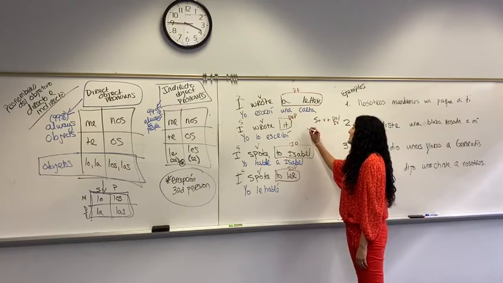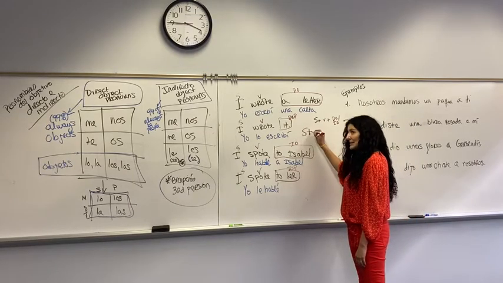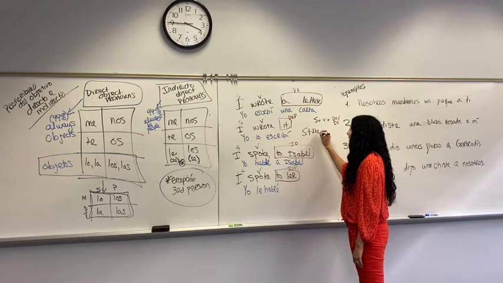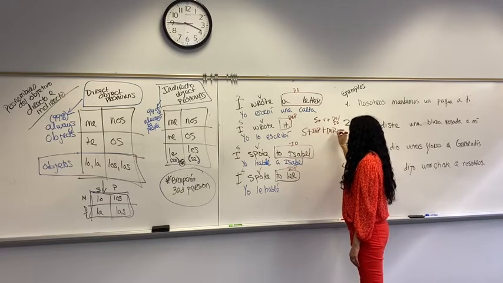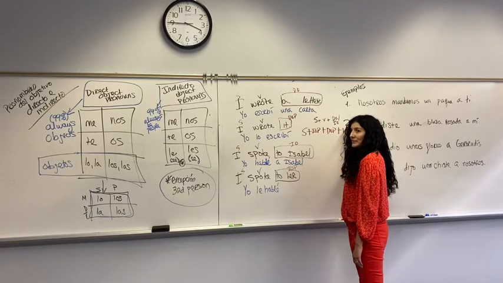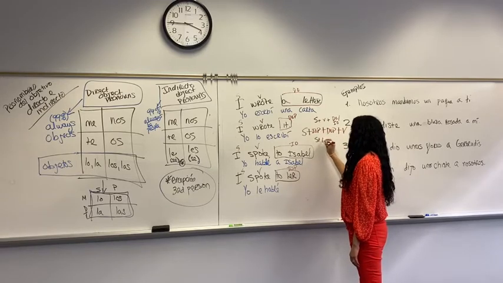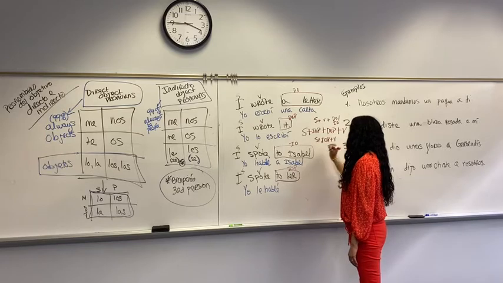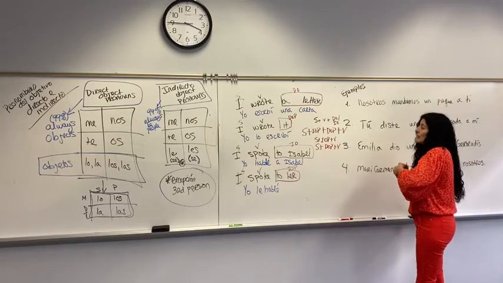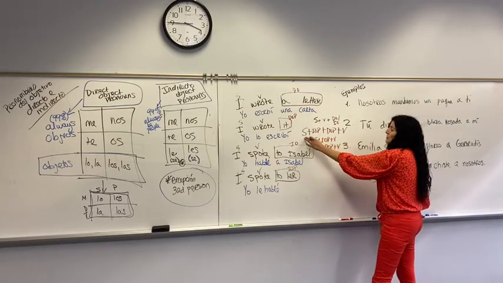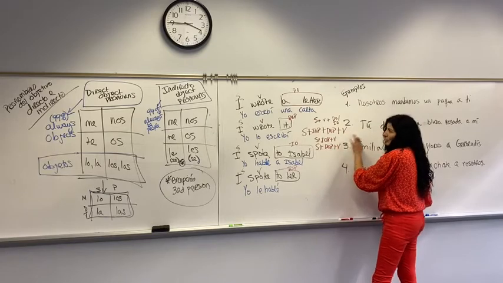We will write subject plus indirect object pronoun plus direct object pronoun plus verb, or subject plus indirect object pronoun plus verb, or subject plus direct object pronoun plus verb. You'll notice the pronoun is always coming between the subject and the verb.